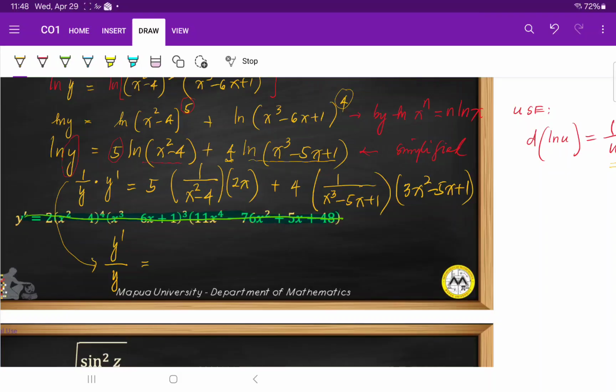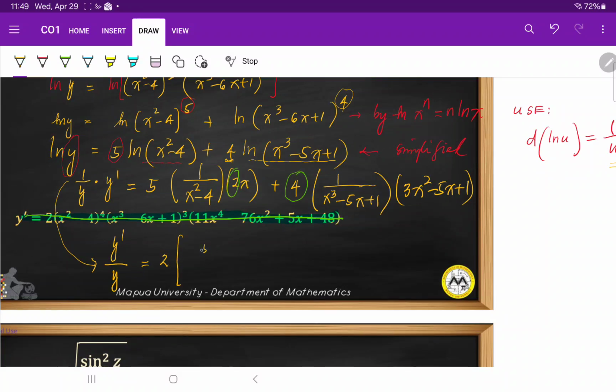So we can factor out 2 here. Is 2 common? Yeah, it's common. We have 2 here, and then we have here 4, so this is 2 times 2. So we can factor out 2. So we have 2 times what?